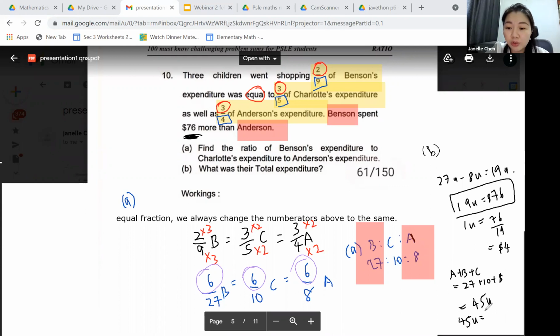So 45 units multiplied by 4 will give you 180. For the final answer, you must always put the dollar sign, because a sign that is not written will get marks deducted.